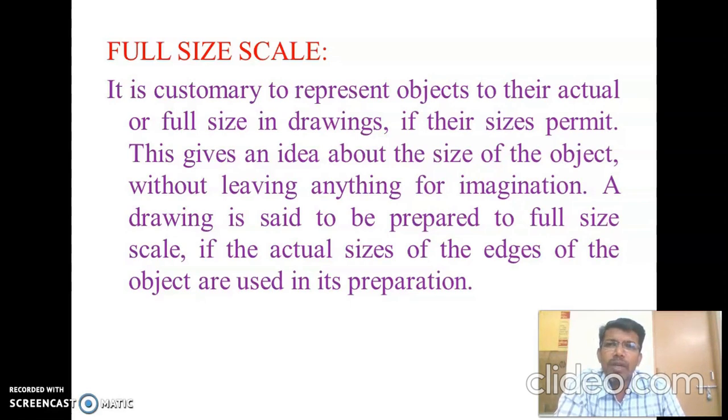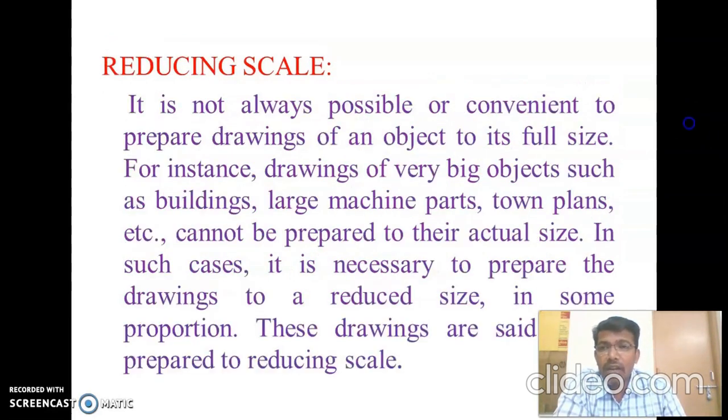Suppose a 10 centimeter square is there, you can represent it on paper. But if a 50 centimeter square is there, you cannot represent it on paper, so you use the reducing scale. Like that, depending upon the geometrical shape and lengths of an object, you select the full size, reducing or enlarging scale.